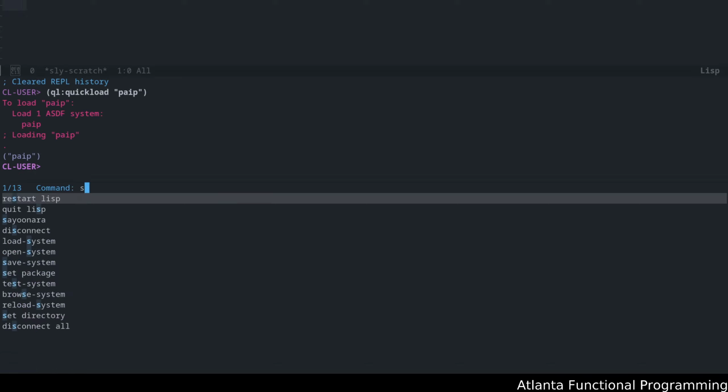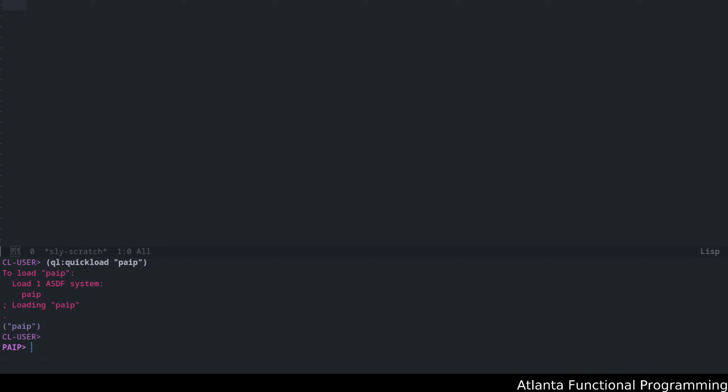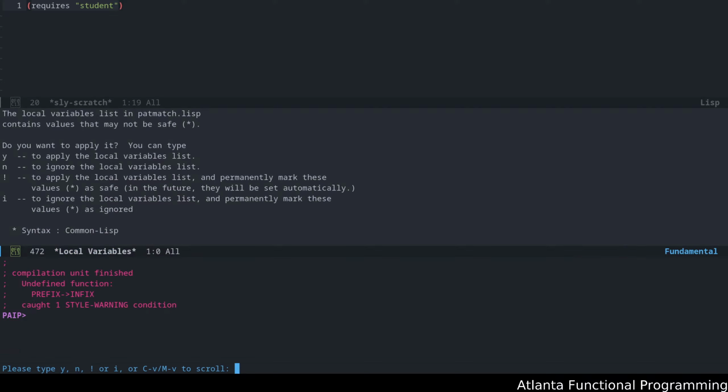Go set the package to PAIP, and we need to go back in: requires student. Requires, by the way, for folks who are just joining us on the stream, is actually a program or function that's part of the PAIP Lisp GitHub repository.